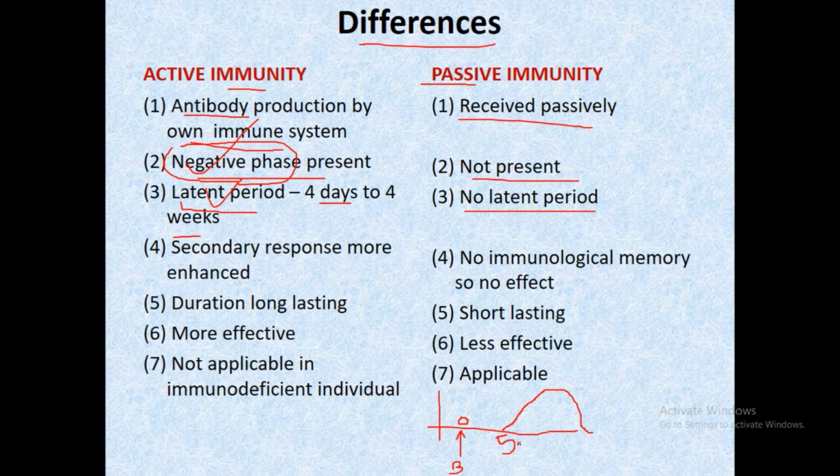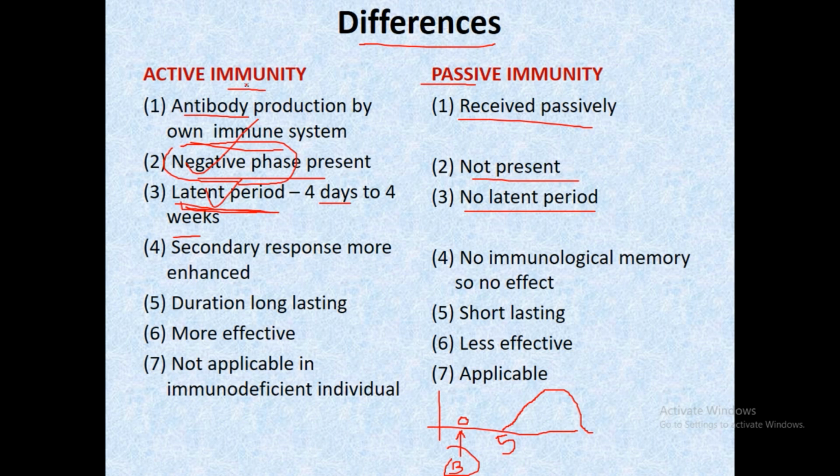Coming back to our example, our body needs 0 to 5 days to set up immunity against that specific bacteria. So this time duration is known as the latent period, and during it there is no immunity present for that bacteria, which is the negative phase.